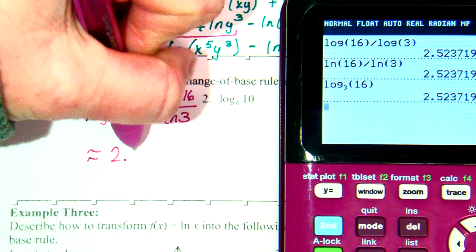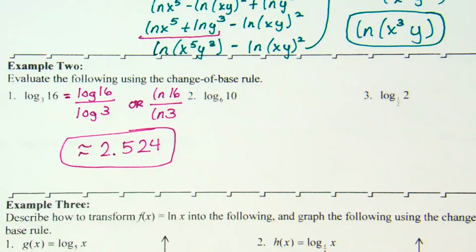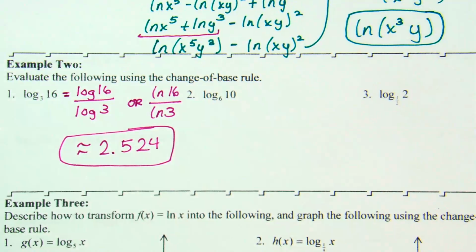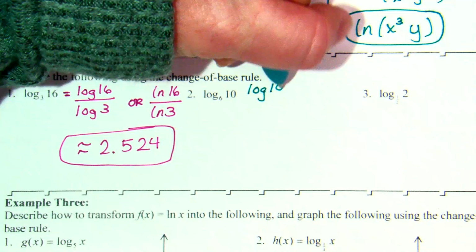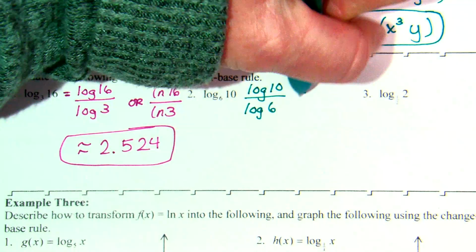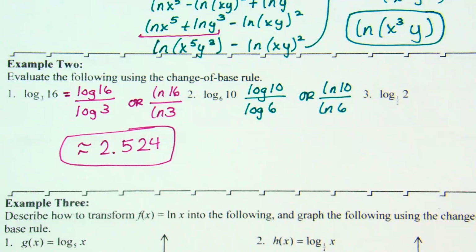Okay, number 2. So, log base 6 of 10. What are your options of how to convert this? Log 10 over log 6, or natural log 10 over natural log 6.